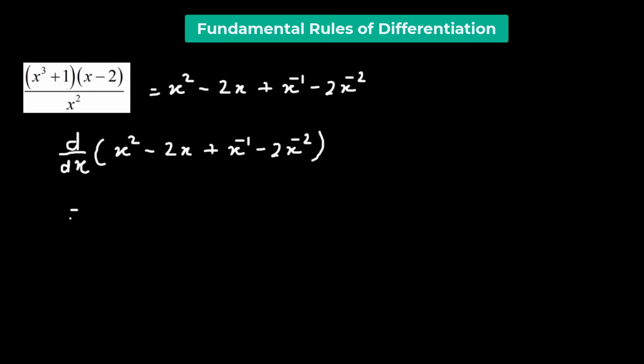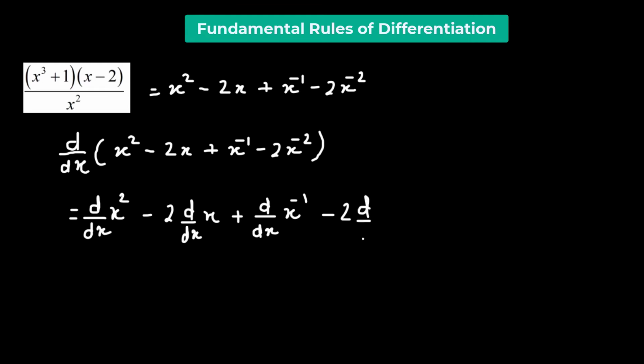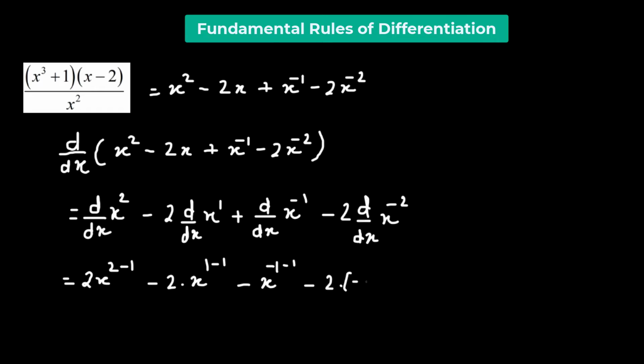So we have the derivative of the first term, which is x squared, minus 2 times the derivative of the second term, x, plus the derivative of x raised to the power of -1, minus 2 times the derivative of x raised to the power of -2, which is equal to 2 times x raised to the power of 2 minus 1, minus 2 times x raised to the power of 1 minus 1, since the exponent of x here is 1, minus 1 times x raised to the power of -1 minus 1, minus 2 times -2 times x raised to the power of -2 minus 1.